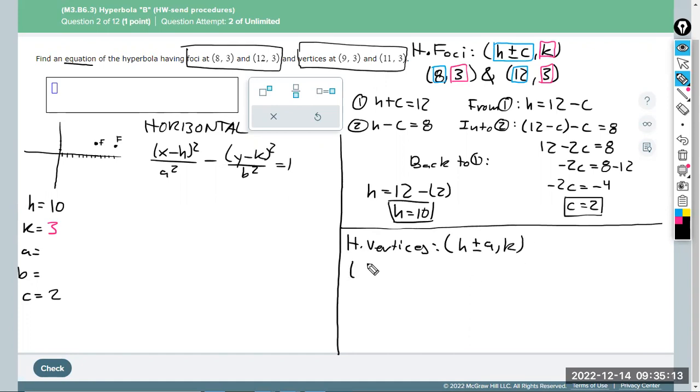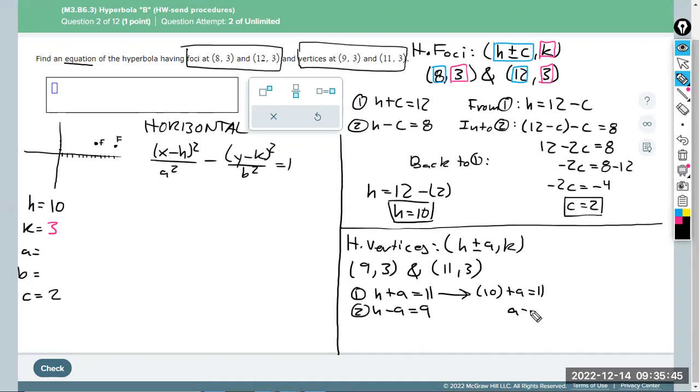And the vertices we're given are minus 9, 3 and 11, 3. So we have these two equations. The first one is h plus a equals 11. And the second one is h minus a equals 9. Now that we have the value for h, it's going to be really easy because we have that 10 plus a number equals 11, then that number equals 1, right? Okay, so a equals 1.